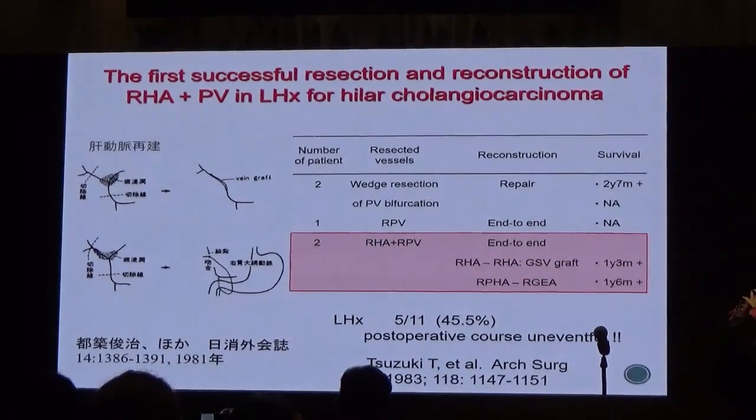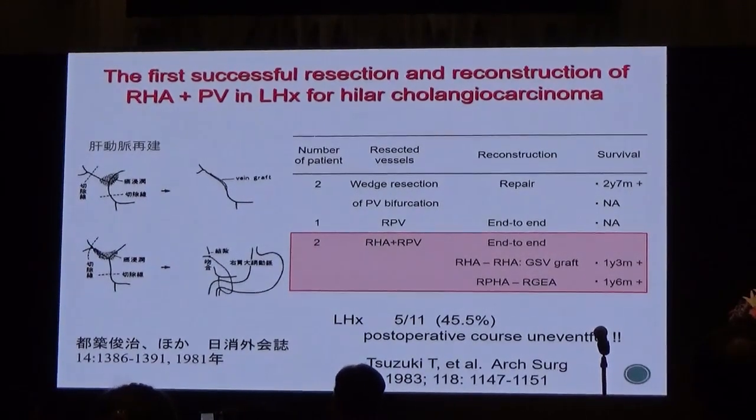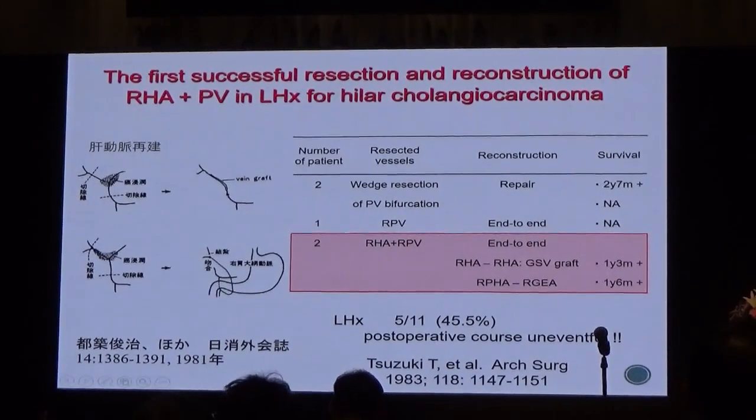This is a report of Professor Suzuki from Keio University. He succeeded in two cases of simultaneous resection of the right hepatic artery and right portal vein. For his hepatic artery reconstruction, he used a great saphenous vein graft.